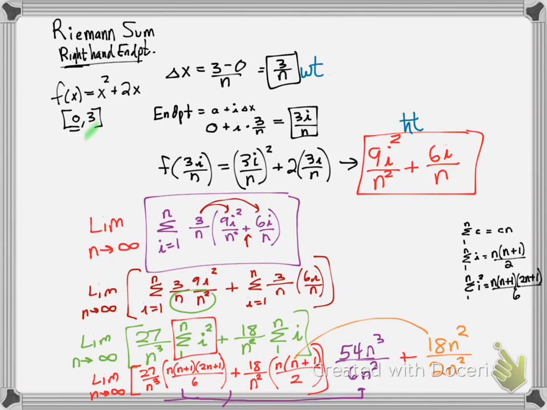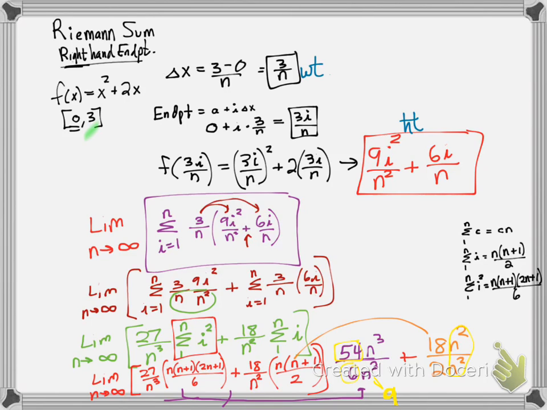And if you understand n behavior, if you have an n to the third up top and an n to the third on the bottom, they essentially cancel each other out when you're talking about n behavior, or the limit as n approaches infinity. So it's going to reduce to just the coefficients in this case. So 54 over 6, which is 9. And the same thing is going to happen on the other one, n squared over n squared.